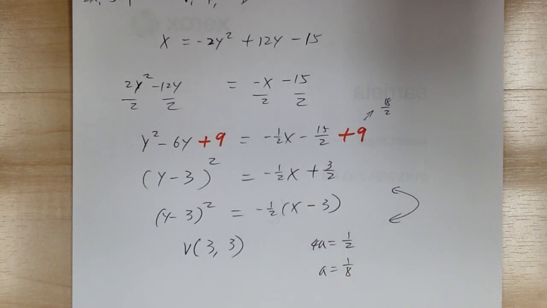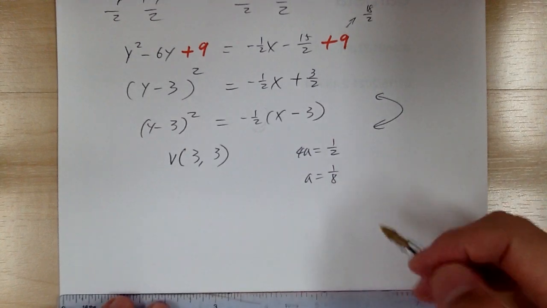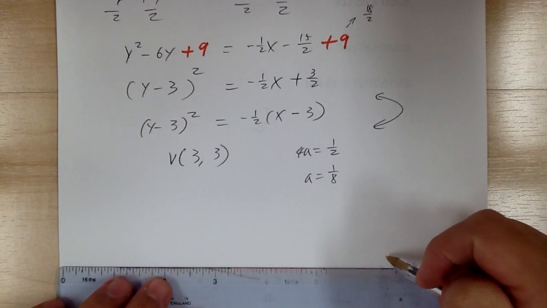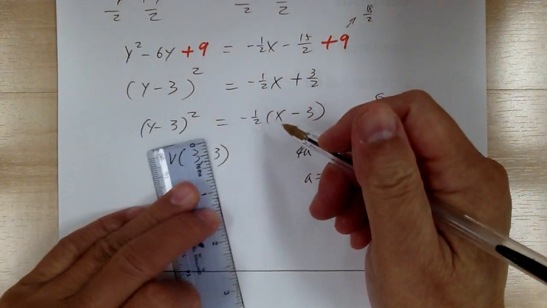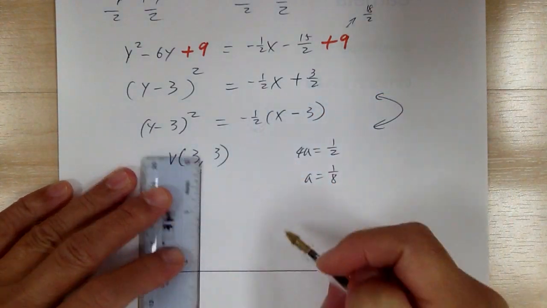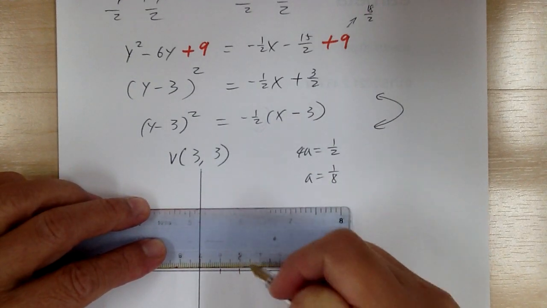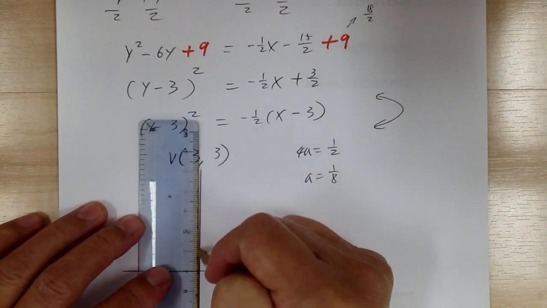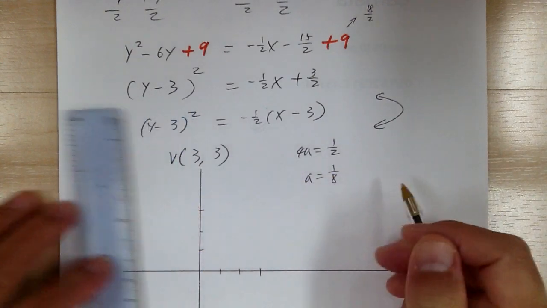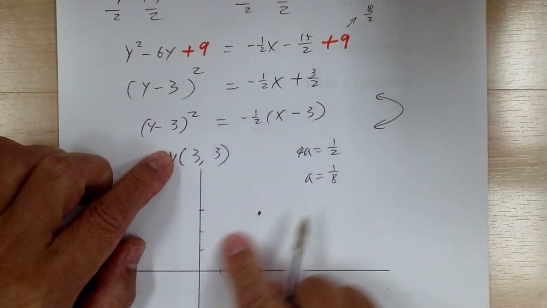Okay, so when you're doing the graphing, okay, so vertex is 3, 3, so it's right over here, and it's going to go this way, right?